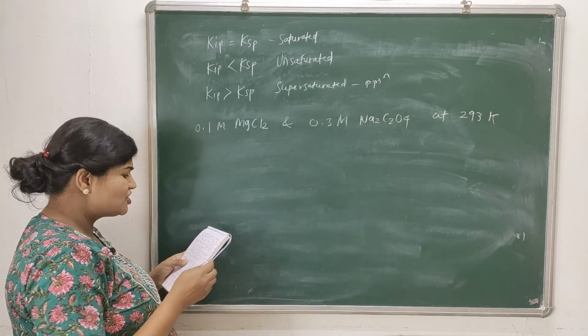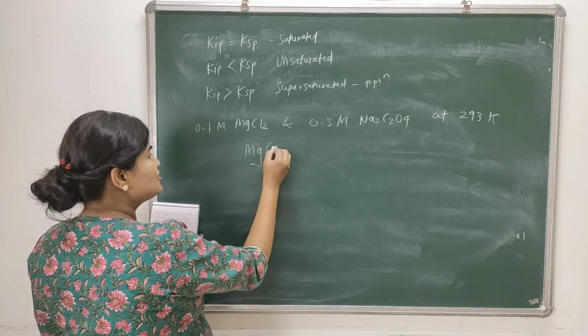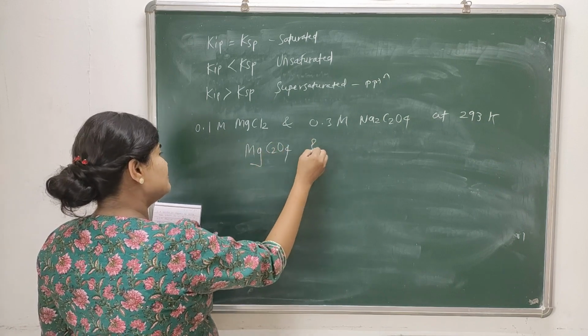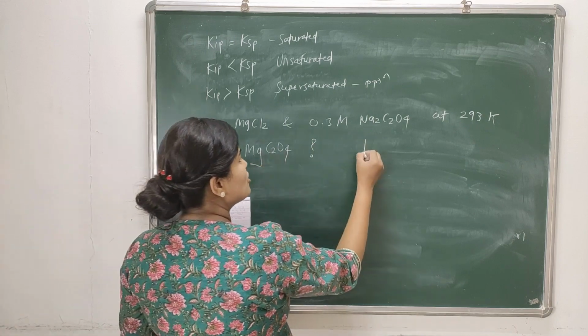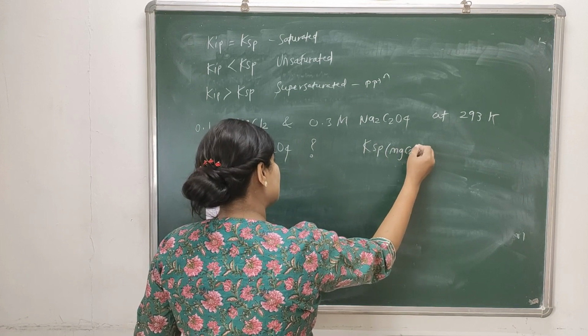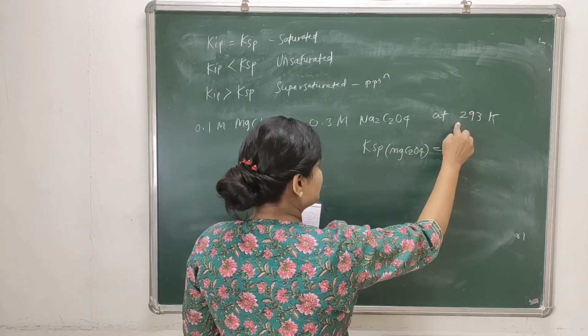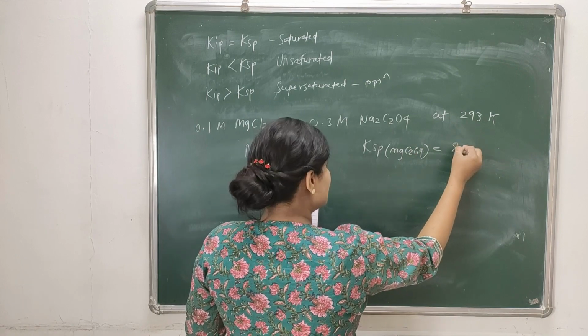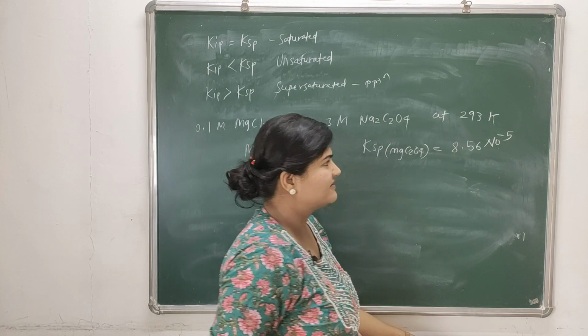Would magnesium oxalate precipitate out? And KSP of magnesium oxalate is given at the same temperature, 293 Kelvin. It is 8.56 into 10 raised to minus 5.